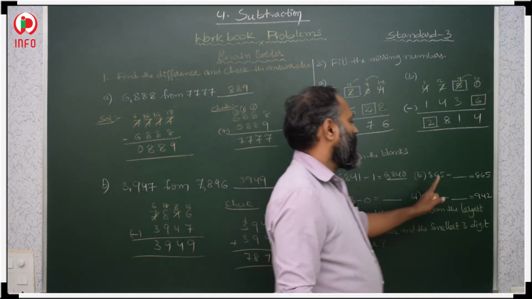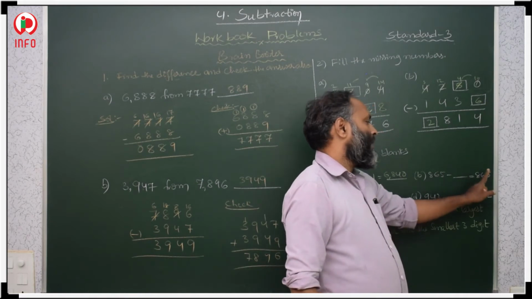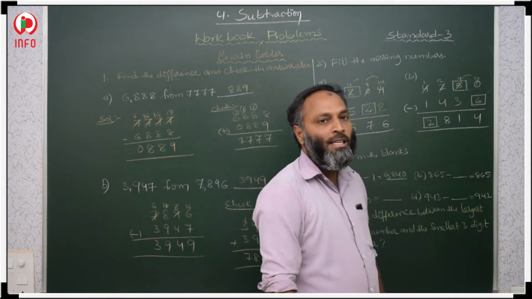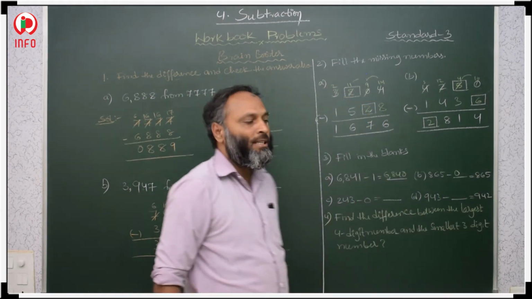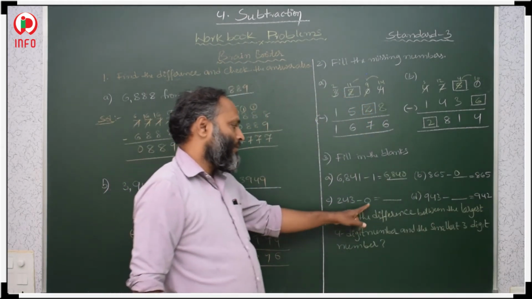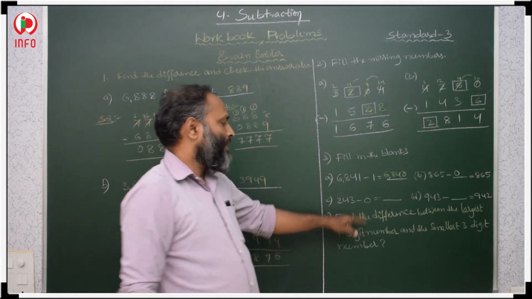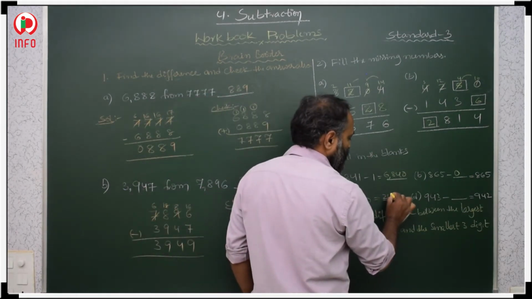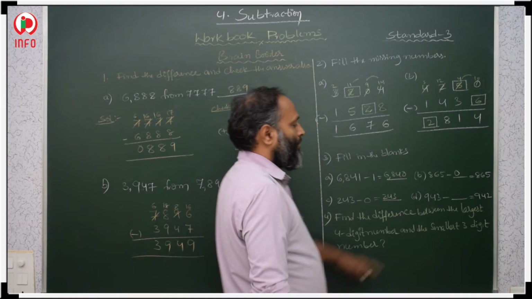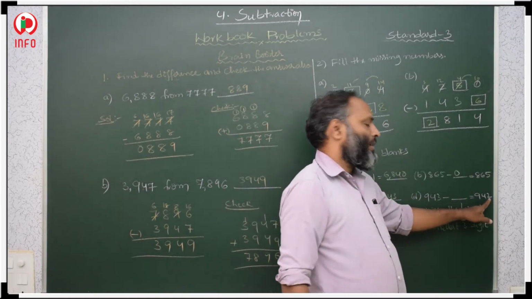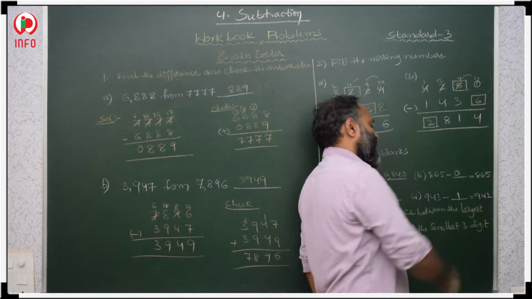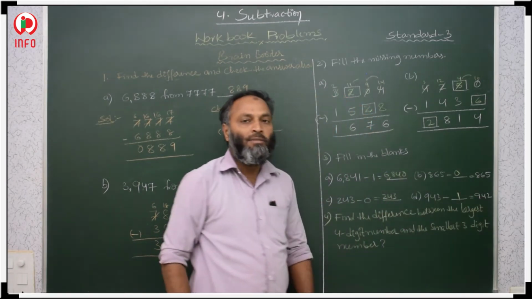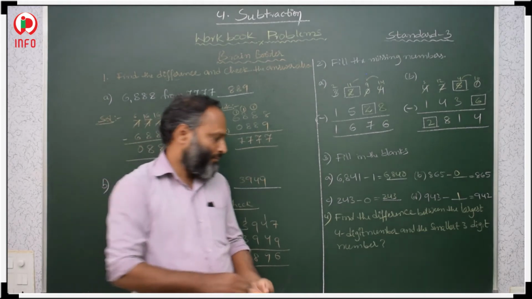And here the minuend is same and here the difference is same. When will we get the same? If it is 0 here, then we will get the same. 243 minus 0 is 243 only. And 943 minus 1, this is the predecessor. So when will we get the predecessor? If we make minus 1. Like this we have to think and fill.